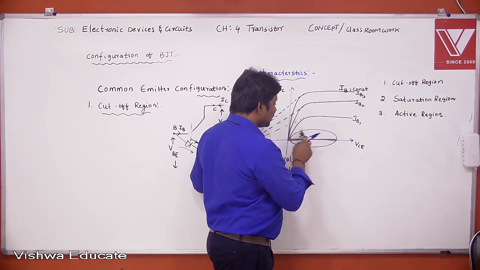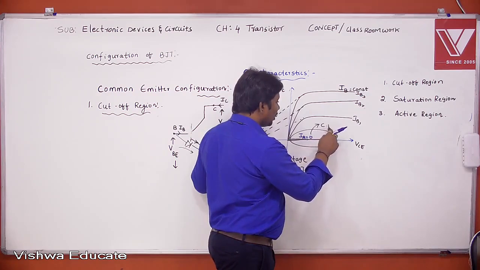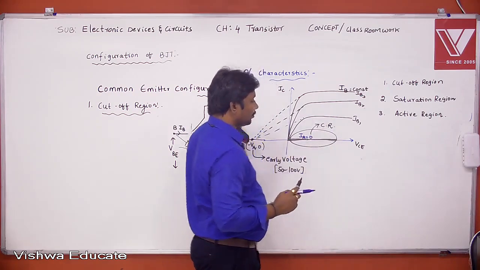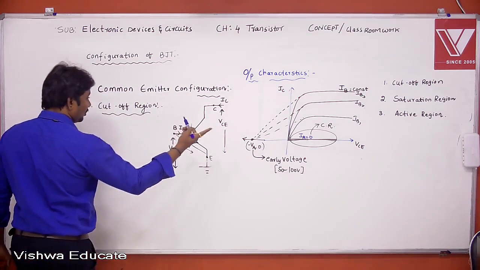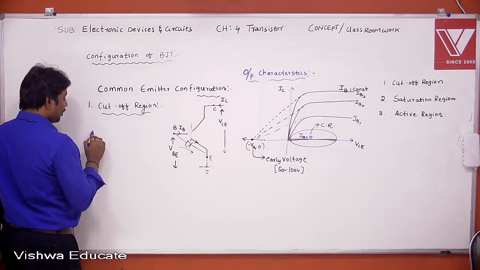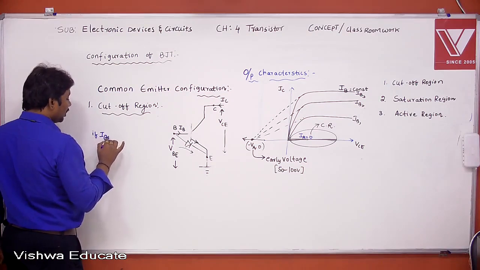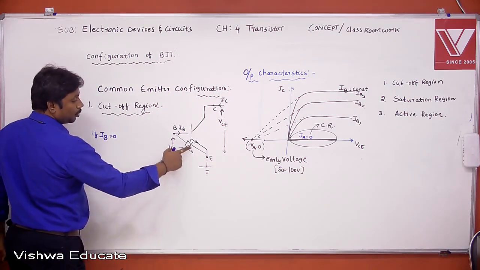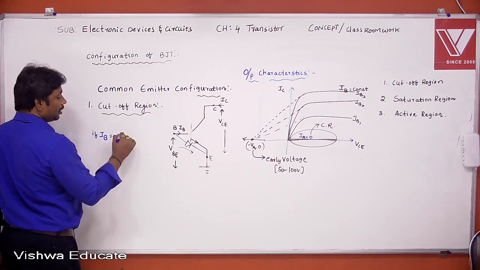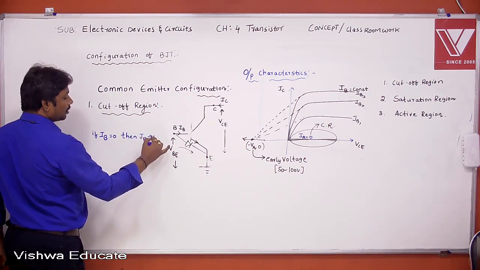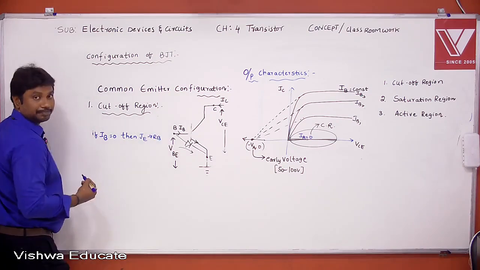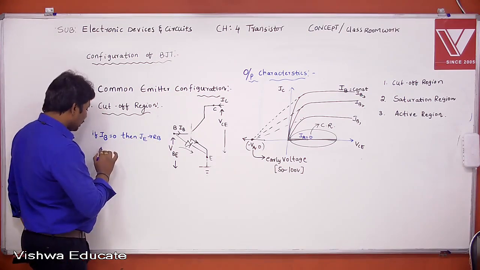This region is called cutoff region. In this region, if IB equal to 0, no current is passing through this junction. If no current is passing, this junction is in which bias actually? Reverse bias.